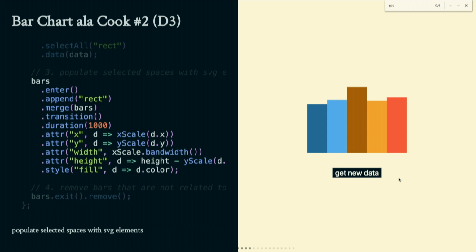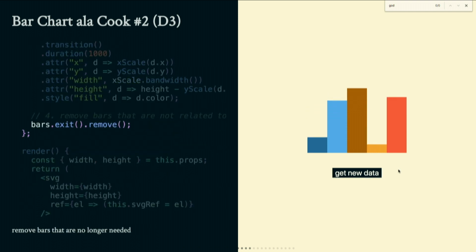We set a duration of 1 second, and then we include all of our end values, in this case, the x, y, width, height, and fill colors. And we can take a look, and it's much nicer. But again, that steep learning curve, and the D3 syntax can be a bit complicated.